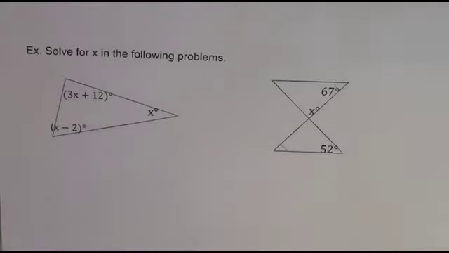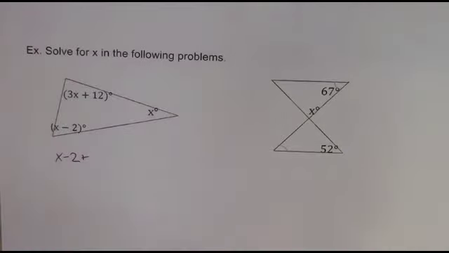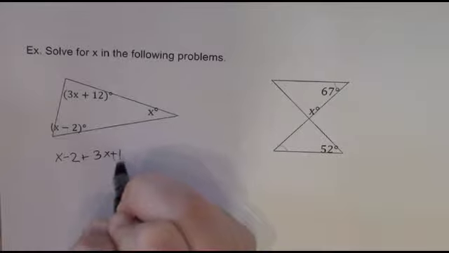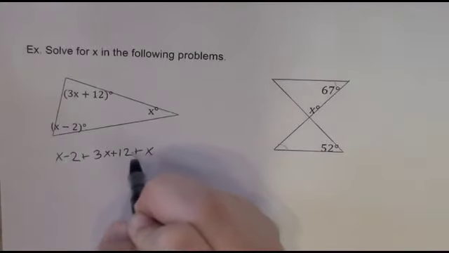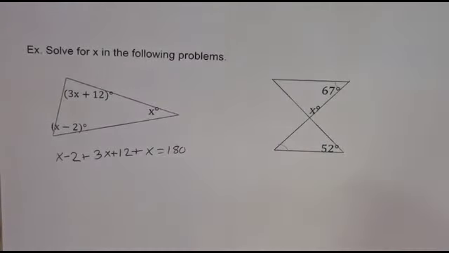The three angle measures of a triangle must add to 180 degrees. So we make an equation. x minus 2 plus the 3x plus 12 plus the third angle, the x, all have to add together to be 180 degrees. And now we have an equation to solve.